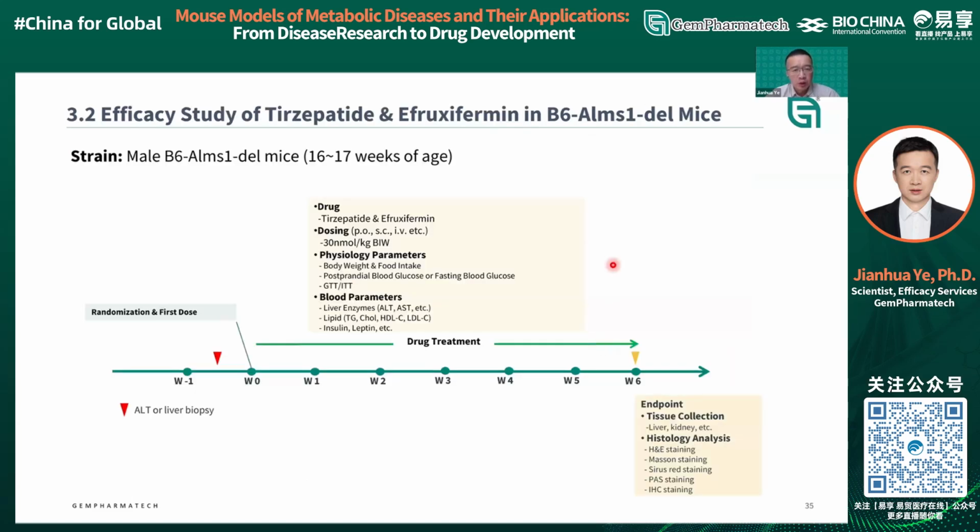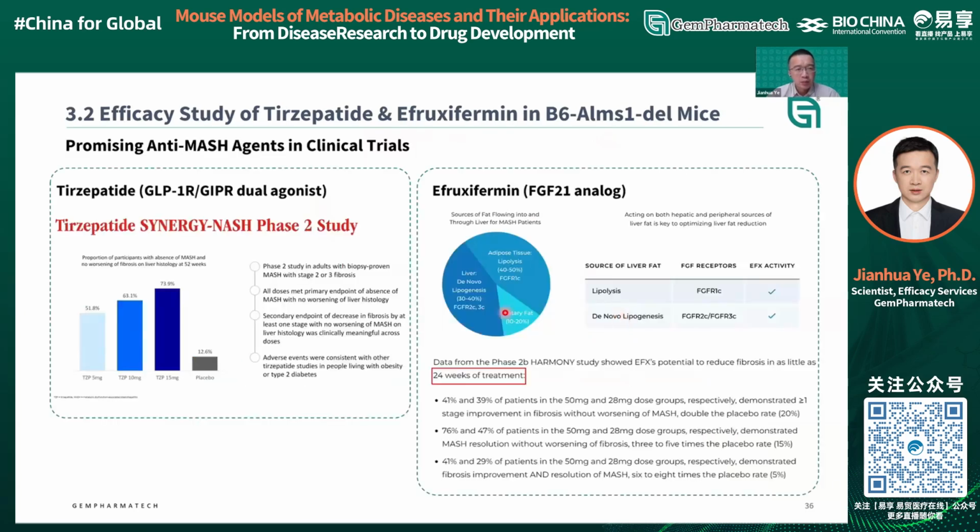So after we establish this model, we do a drug efficacy study. We test the tirzepatide and the efruxifermin on the AMS1 knockout mice. This is our study outline. We choose these two medicines because these two medicines show very good results in clinical trials.